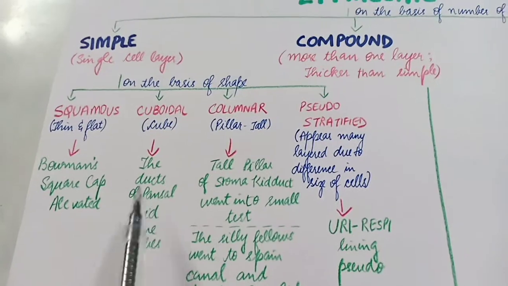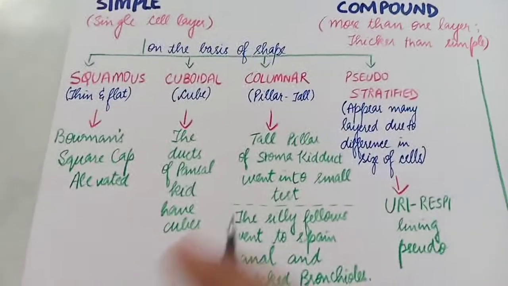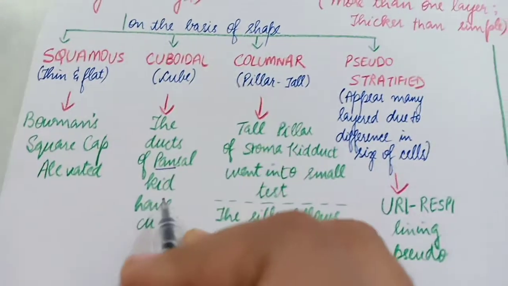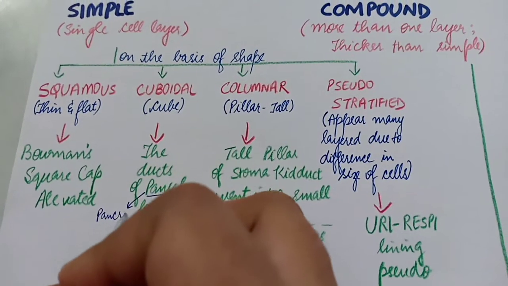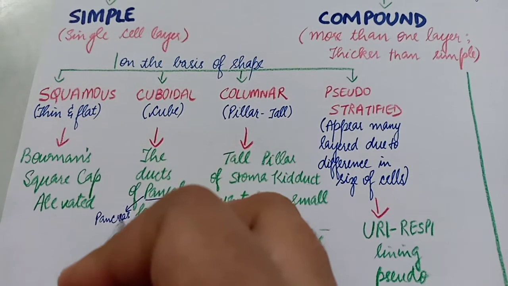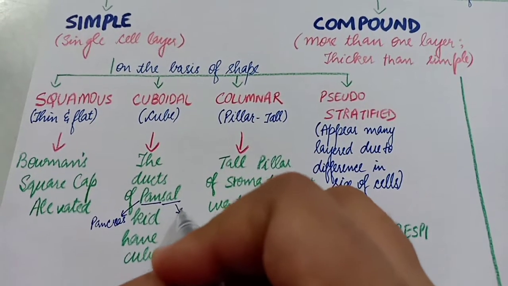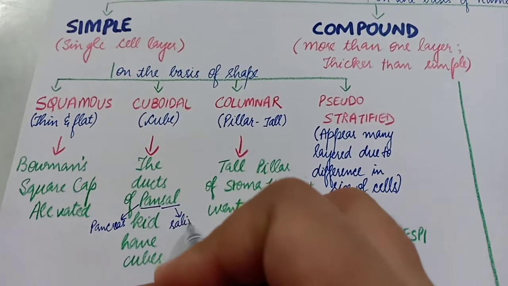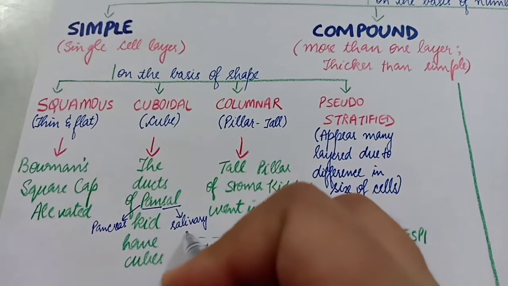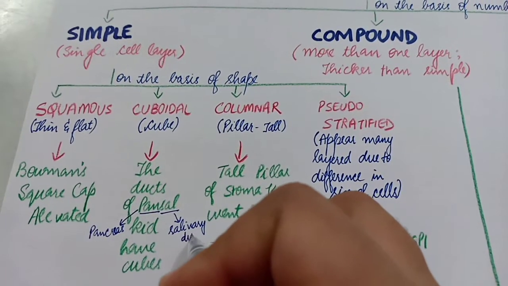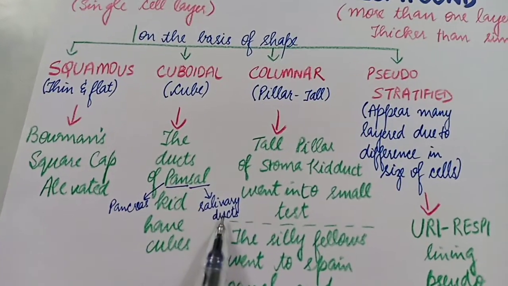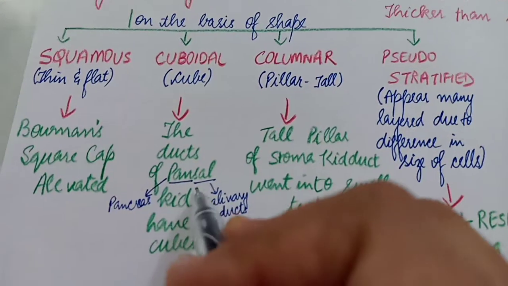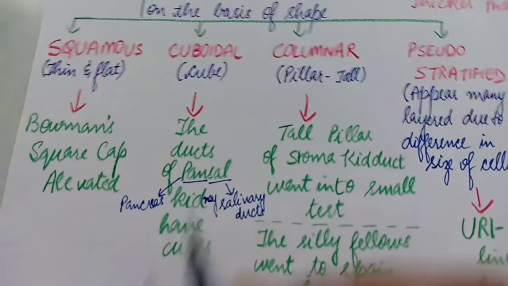Pansel: Pan is for pancreas, sal is for salivary, kid is for kidney.